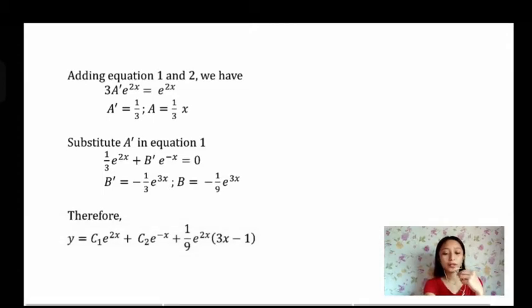Substitute a prime in equation 1: 1/3 e^2x plus b prime e^negative x equals 0.